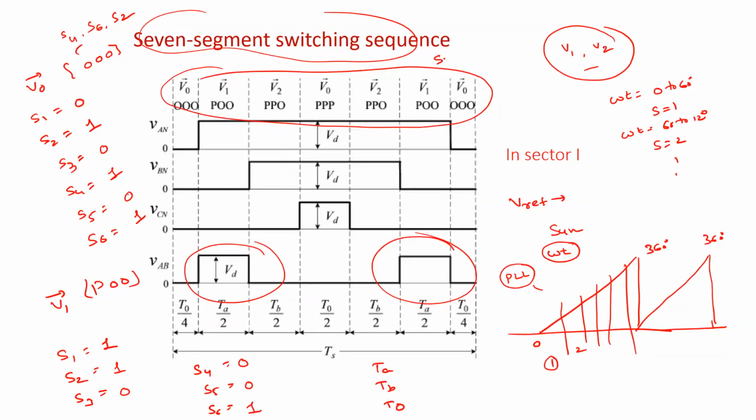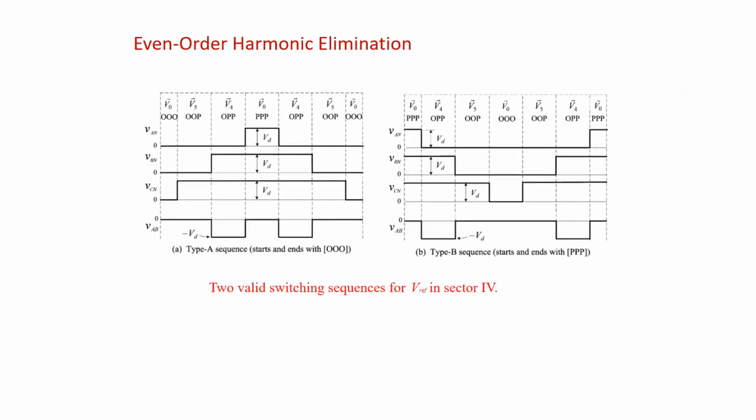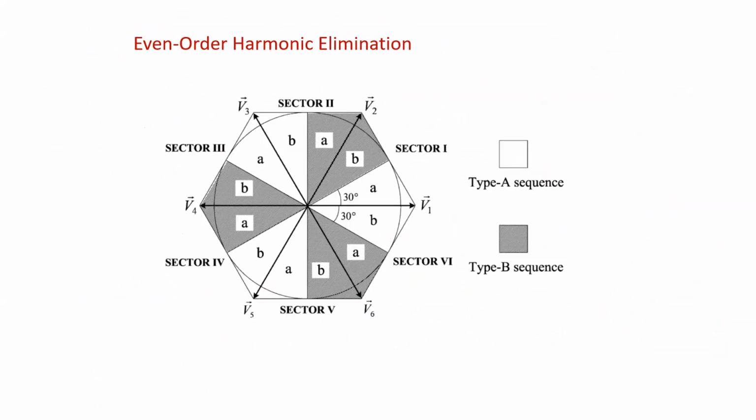This can be eliminated in different ways. One way is to select two different patterns. Another way is that we divide each sector into two parts.